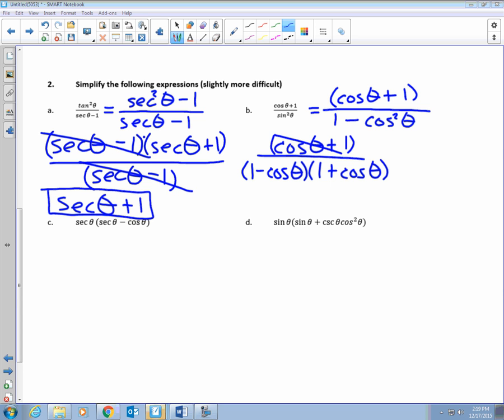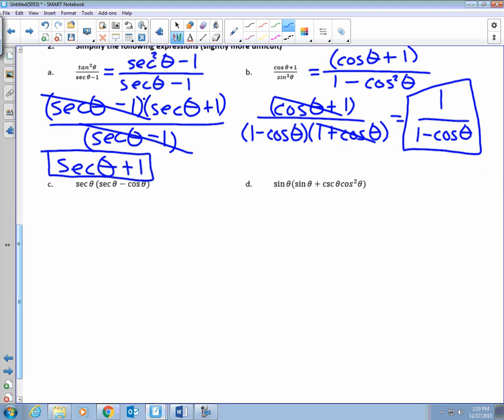So I can take these and I can cancel them. And so you have 1 left in the numerator and the denominator 1 minus cosine. And that's as simplified as you can get. Doesn't simplify. That divided by that is 1.